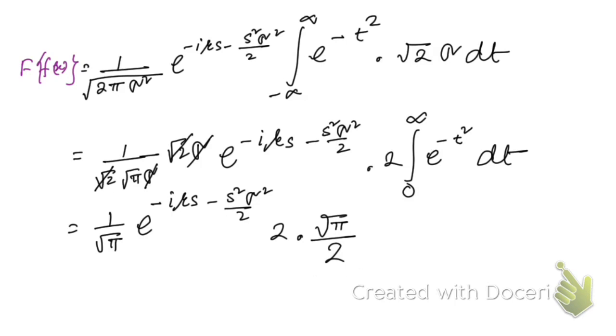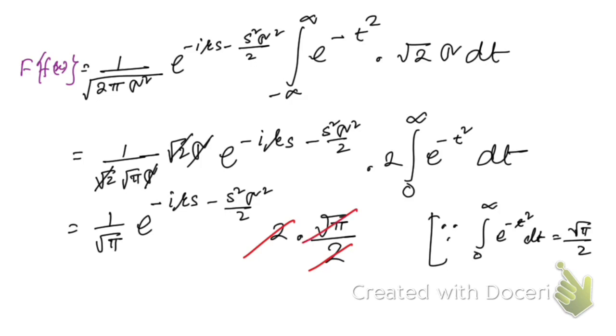Just wait. So let me copy this. First you remember this one, that integration of 0 to infinity e to the power minus t square dt is nothing but root pi by 2. So let me show you how. Before that, first let me write the result.